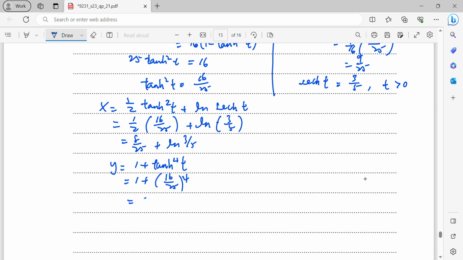Then it will be 881 over 625. Okay, therefore the point will have coordinates 8 over 25 plus ln 3 over 5. Then the y coordinate will be 881 over 625. That is my final answer.